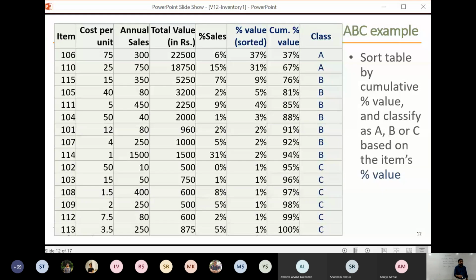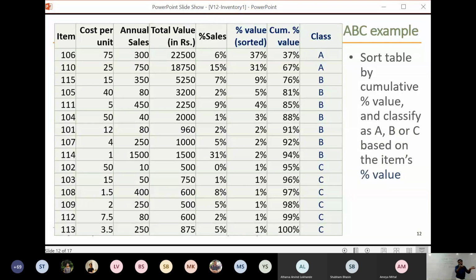You can observe in type C that there are items which are very expensive, like the 50 rupee item. Still, it is class C. Those higher unit-cost items are still classified as class C. The lower cost items, like item 115, which costs 15 rupees, is still classified as B. This is not a precise classification.